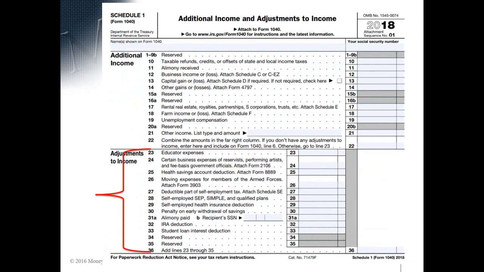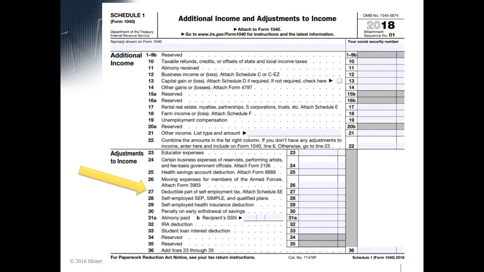So they're listed there, and you may want to read them. First we're going to talk about self-employed deductions from gross income: lines 27, 28, and 29. The deductible part of self-employment tax, self-employed SEP, SIMPLE and qualified plans, and the self-employed health insurance deduction. So she can deduct those things, but not against business income.